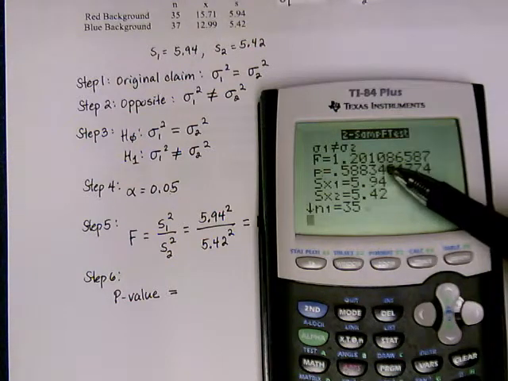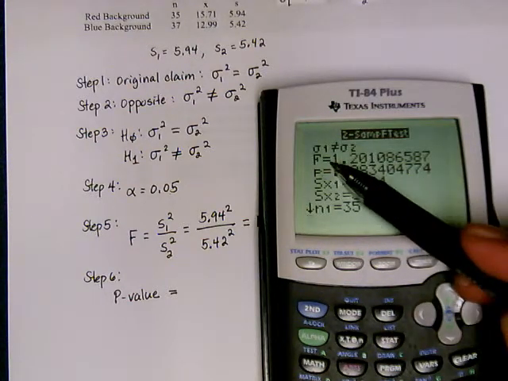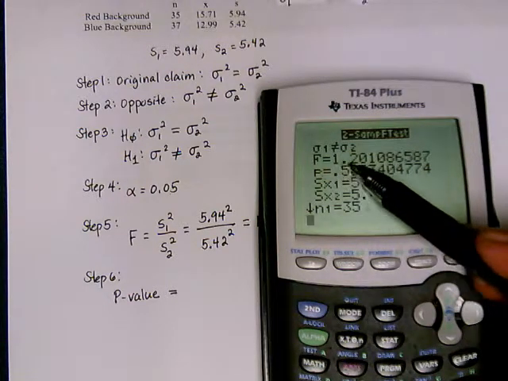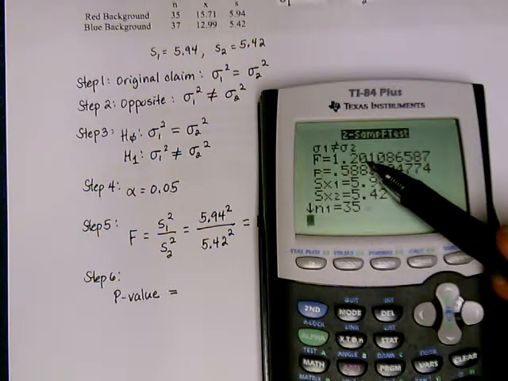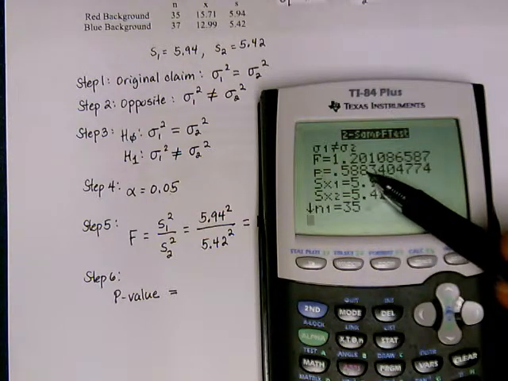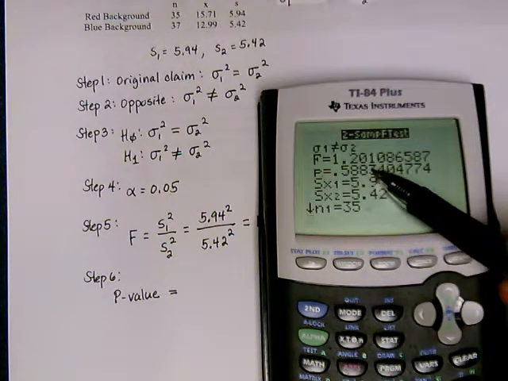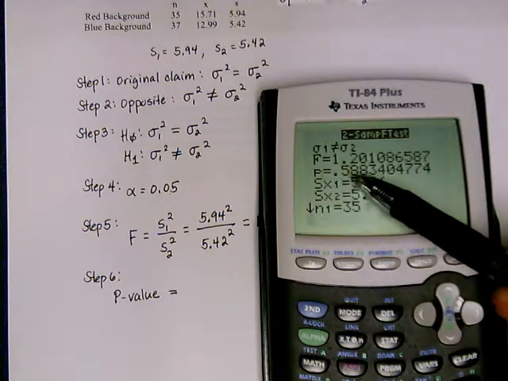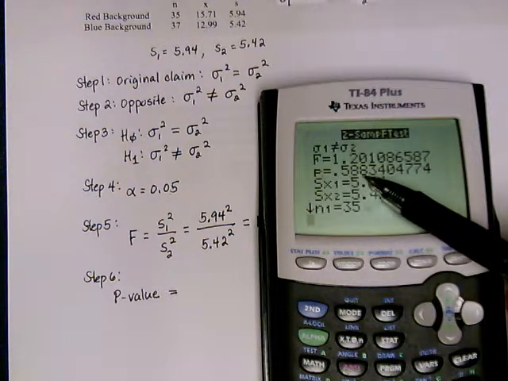Now notice I did get the same F value, which is my test statistic here, 1.20, rounded to 2 decimal places. Here's my p-value, 0.58834047774. Rounded to 3 decimal places, that would be 0.588.